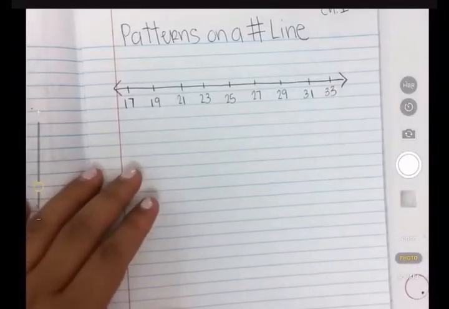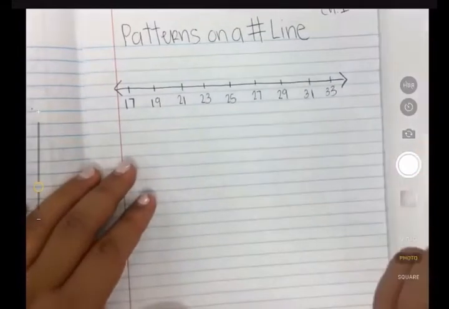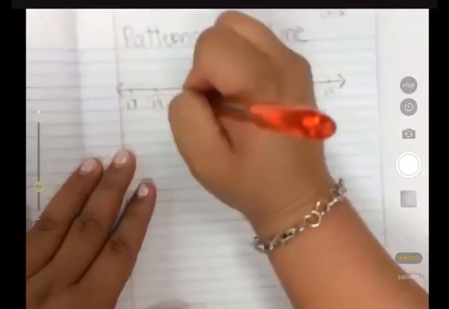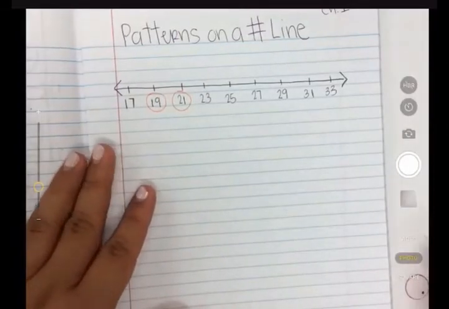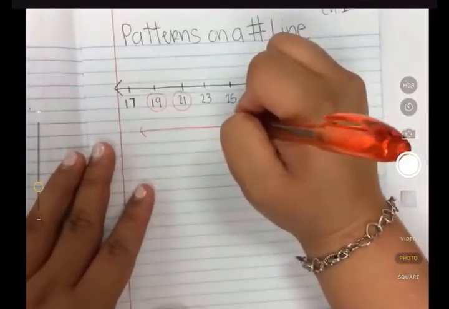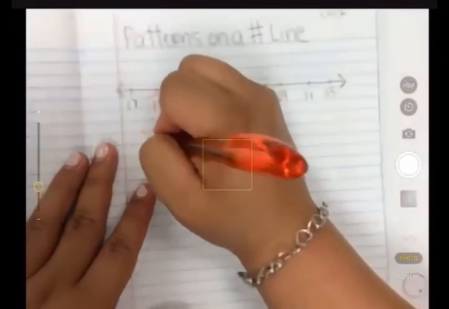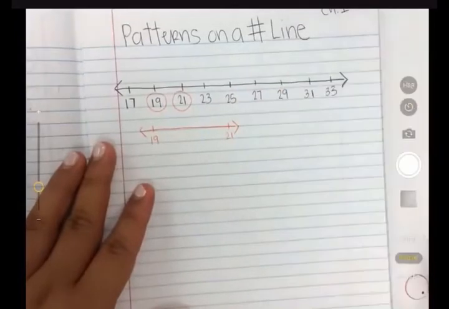So the first thing that I want to do is zoom in on two numbers. I'm going to choose the numbers 19 and 21. Okay, so I'm going to zoom in and make a smaller number line. I'm going to start at 19 and end it at 21.